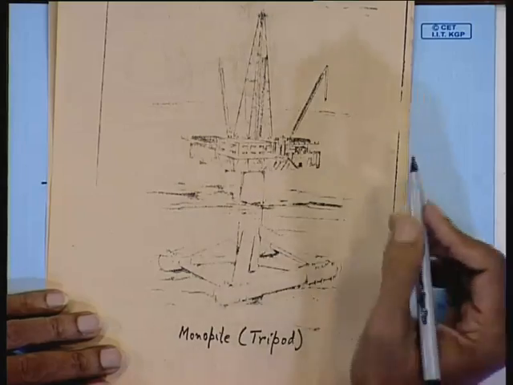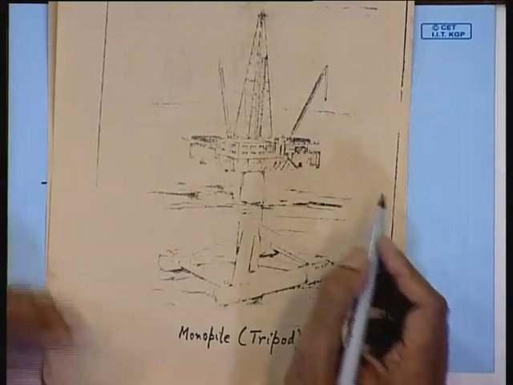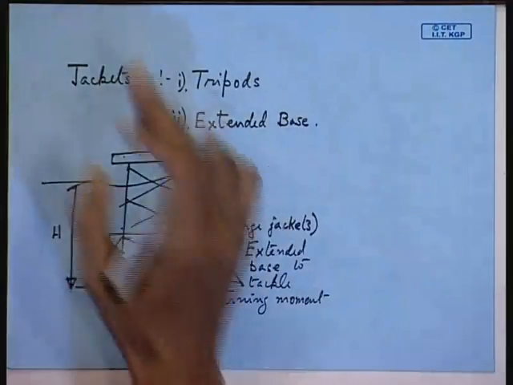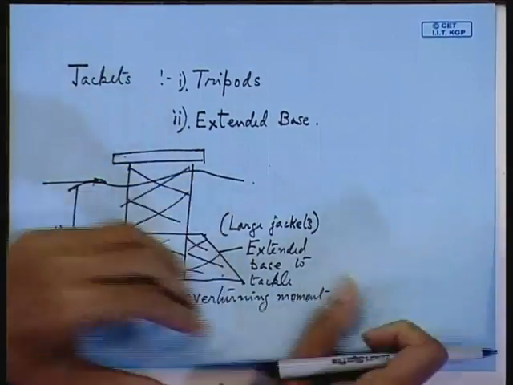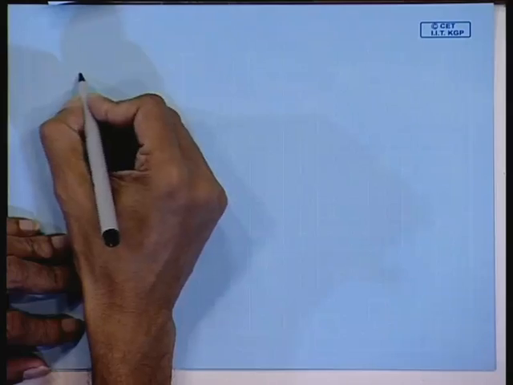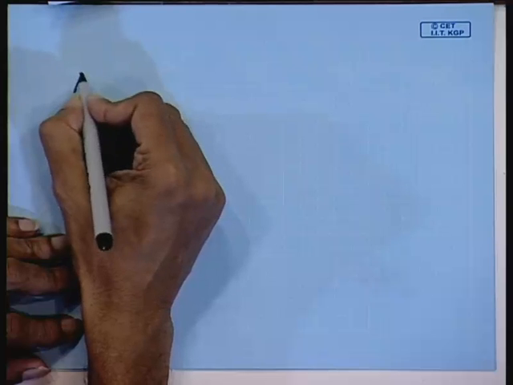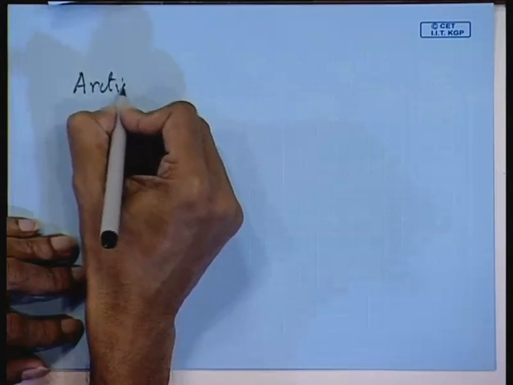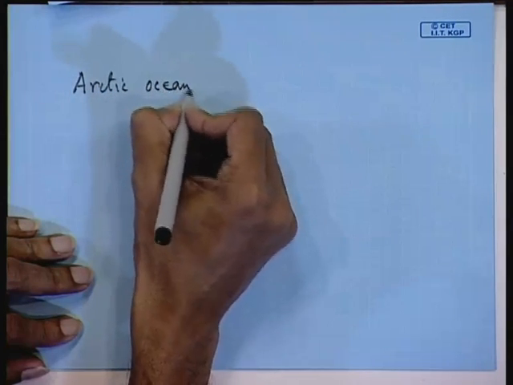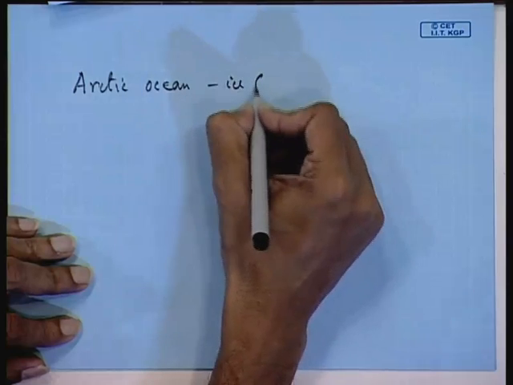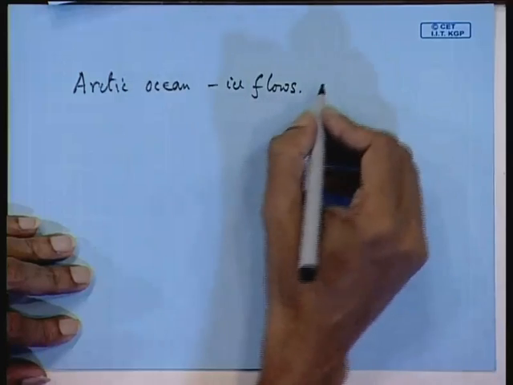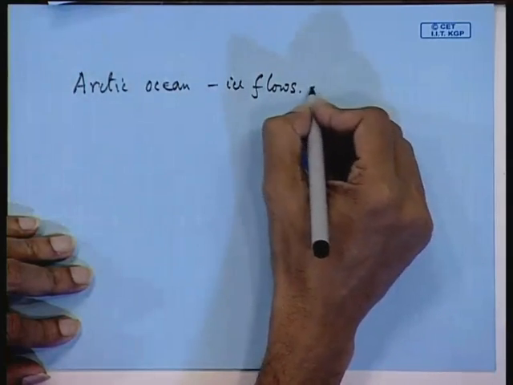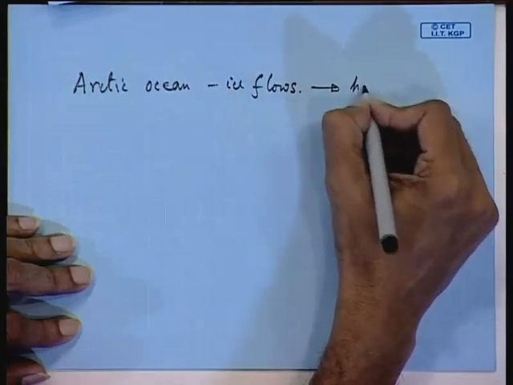Now, actually in the Arctic Ocean, in the North Sea, you have structures. This problem we do not have, but in the Arctic actually you will come across ice floes. Now, ice floes give horizontal forces.